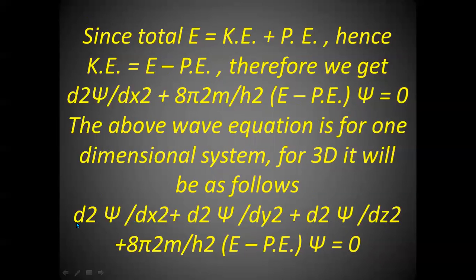Again, I am reading. Please concentrate. d square by dx square psi plus d square by dy square psi plus d square by dz square psi plus 8 pi square m by h square into total energy minus potential energy into psi is equal to 0. This is called the Schrodinger wave equation for three dimensions.